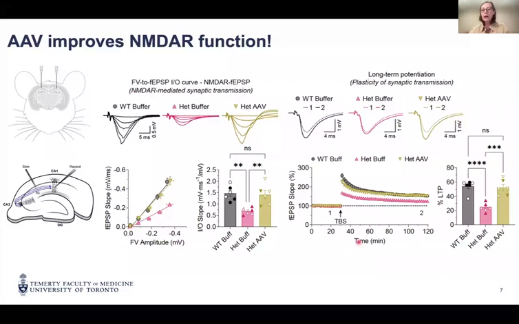So here they are stimulating these axons in a burst pattern, and then recording and seeing how these neurons over here respond to each electrical pulse after they've been highly activated. And so what you can see is this is before that burst, and then after you get a much bigger response in the wild types. In the heterozygous animals, that's diminished. So this would be the patient variant animals. But with the AAV, that plasticity is restored.